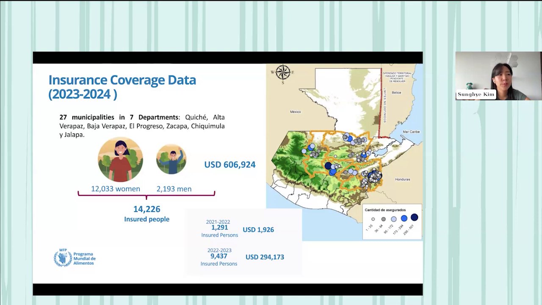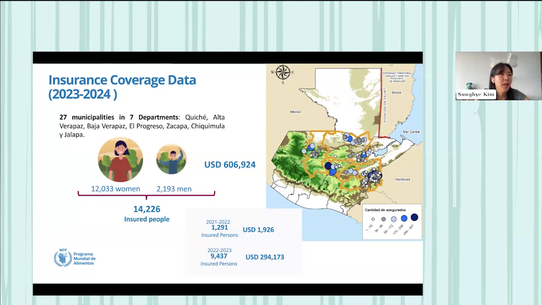The number of insured people increased significantly last year, and we are expecting another increase this year too. When we first started, it was only 1,291, and then as years go by, our subscribers expanded.